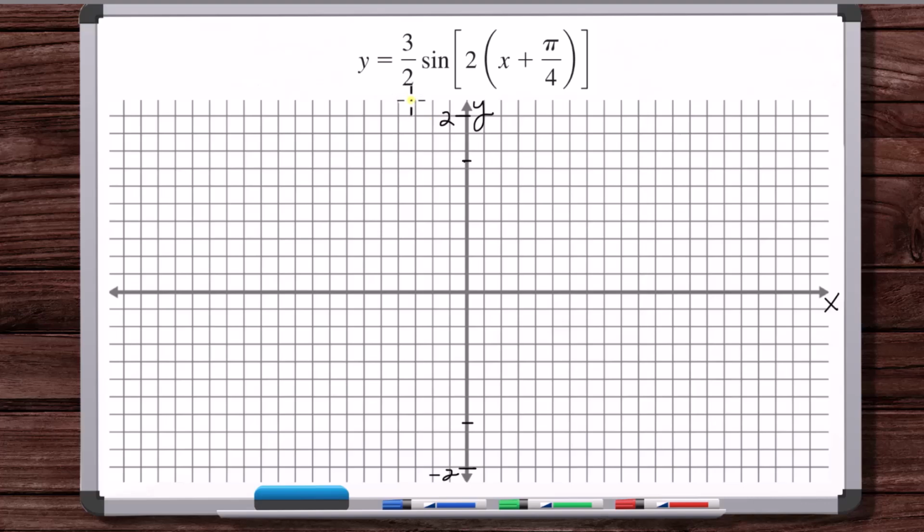Okay. Then the period is scaled down by a factor of 2. So 2 pi divided by 2 is pi. So let's go from minus pi to pi. 1, 2, 3, 4, 5.